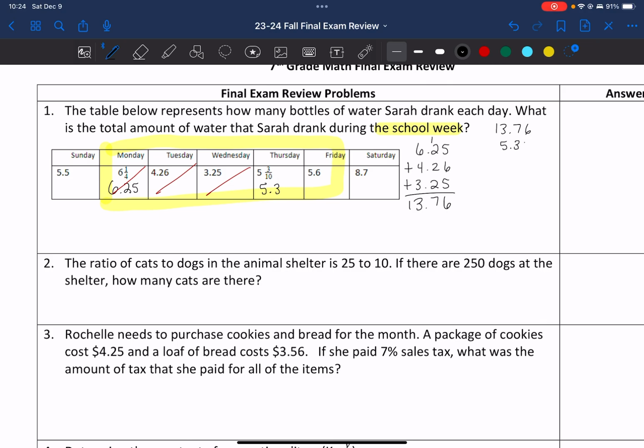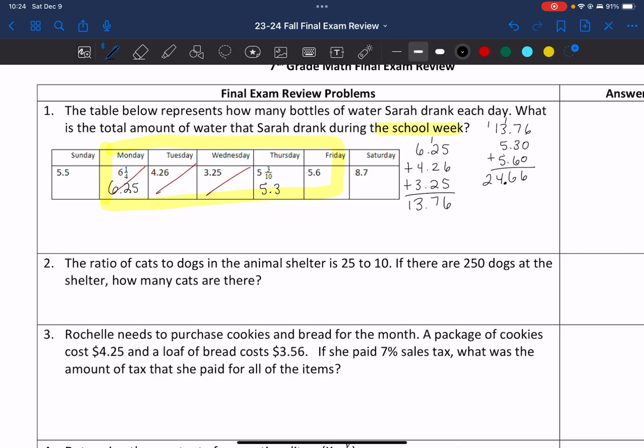5 3/10 plus 5 6/10. Okay, or 60 hundredths. Okay, so let's move on. So 6 here, 6, or hold on, 7, 8, 9, 10 plus 6 is going to be 16, 10, 13, 14, and then 2. So here I'm just going to put the decimal down right here.